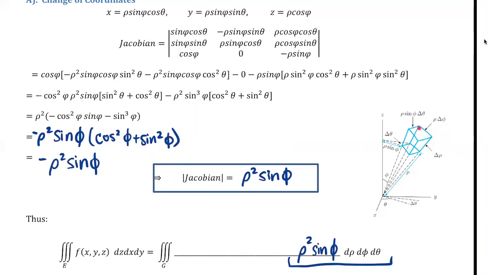We can see this width is going to be rho times delta phi, and then this width is going to be rho sine phi delta theta. And when you multiply this times this times this, we're left with this change here. My deltas turn into d rho, d phi, d theta once I take the limit in my Riemann sum.